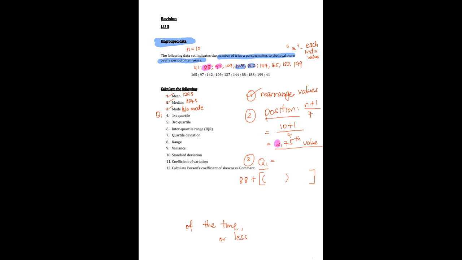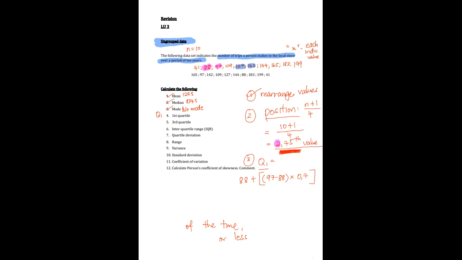So work out the difference between that 97 and the 88. So you're going to say 97 minus 88. And that difference is multiplied by, remember from the position here, you only looked at the 2 first. The 0.75 that we ignored at the beginning, this is what you now multiply by.